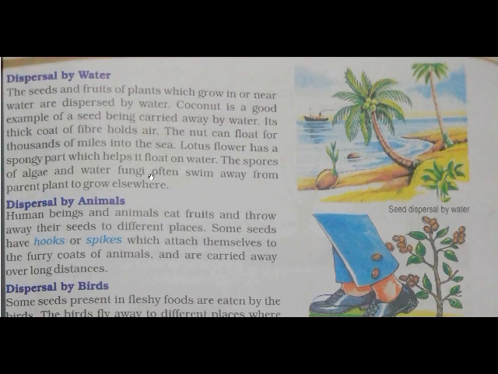As you can see the example of coconut, in most films and movies, you can see that in an unknown island, when somebody goes, they find a coconut plant. How? The question is how? The answer is, when coconuts fall off from the coconut tree, sometimes they fall on water.